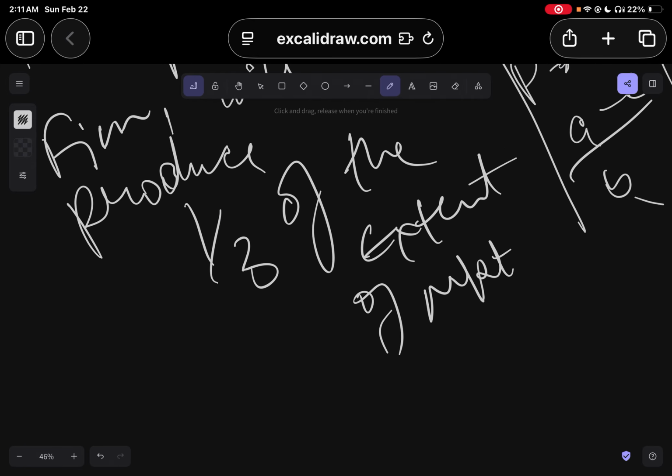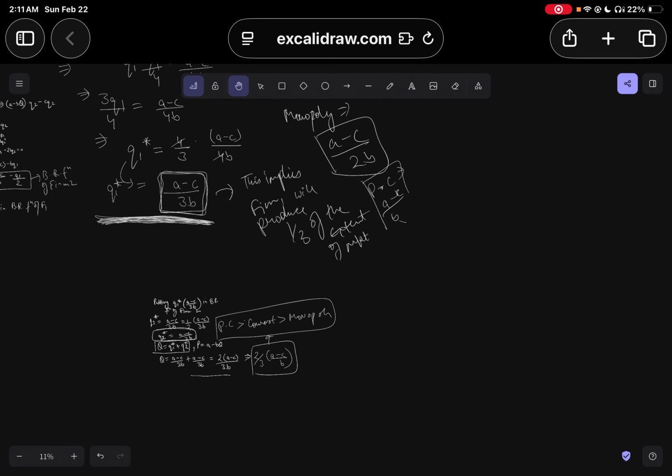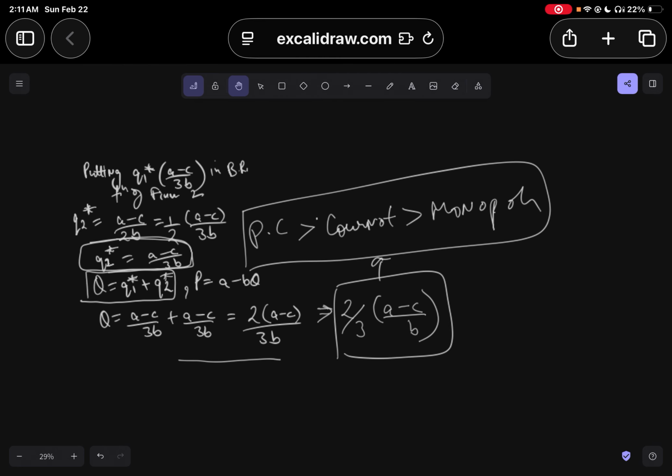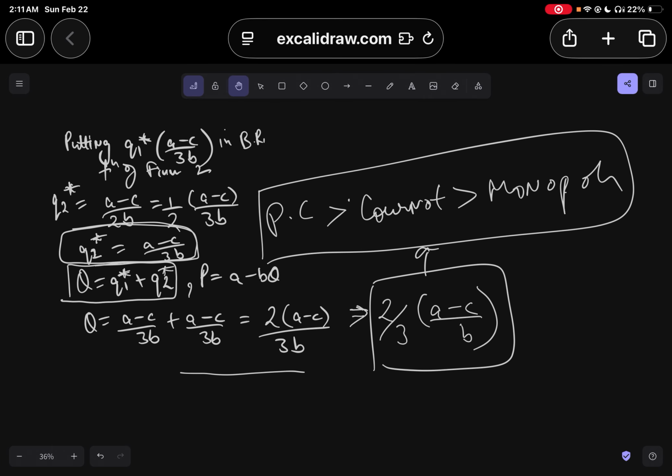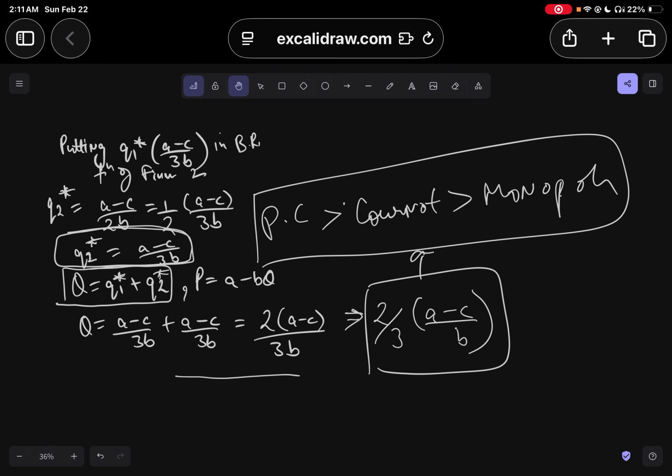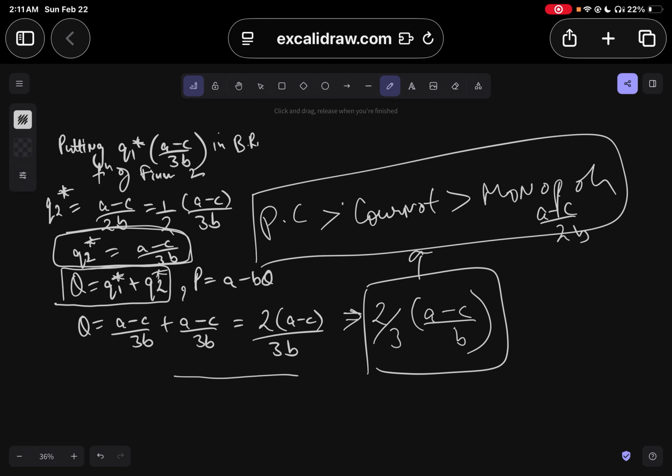In monopoly, one firm will produce half of the extent of the market. Let me write it: A minus C upon 2B. This was the output of a monopolist.